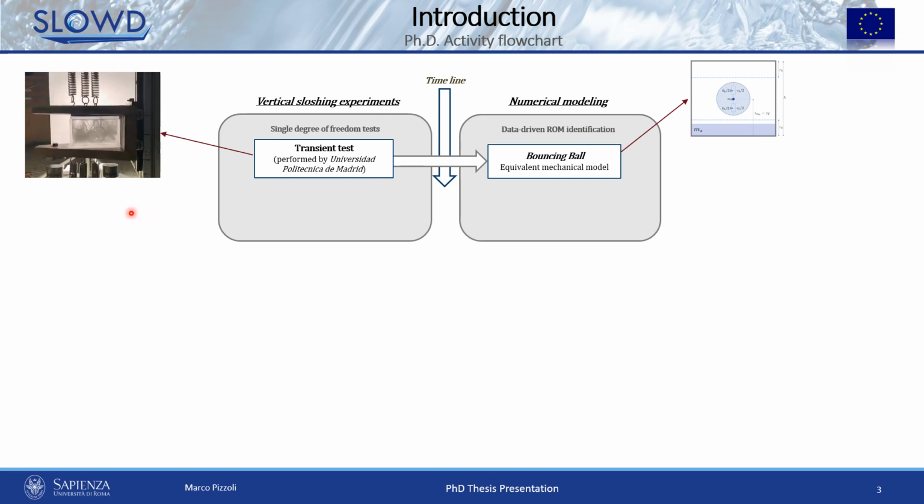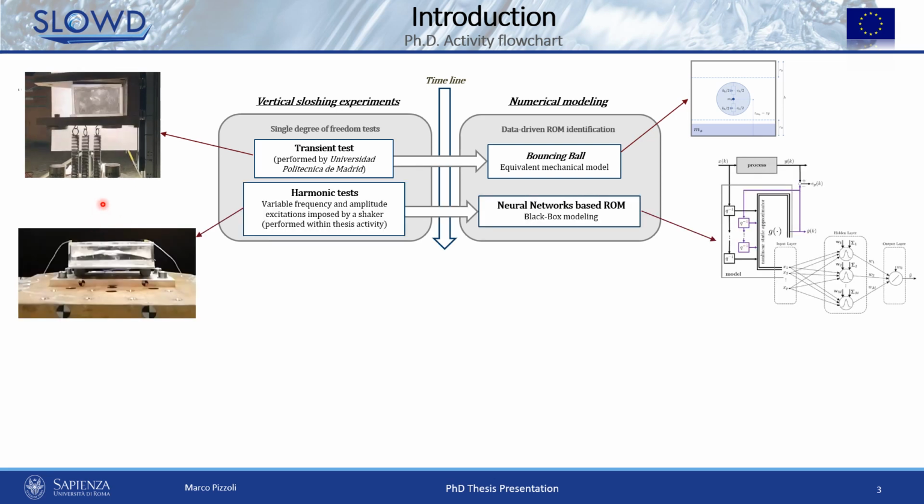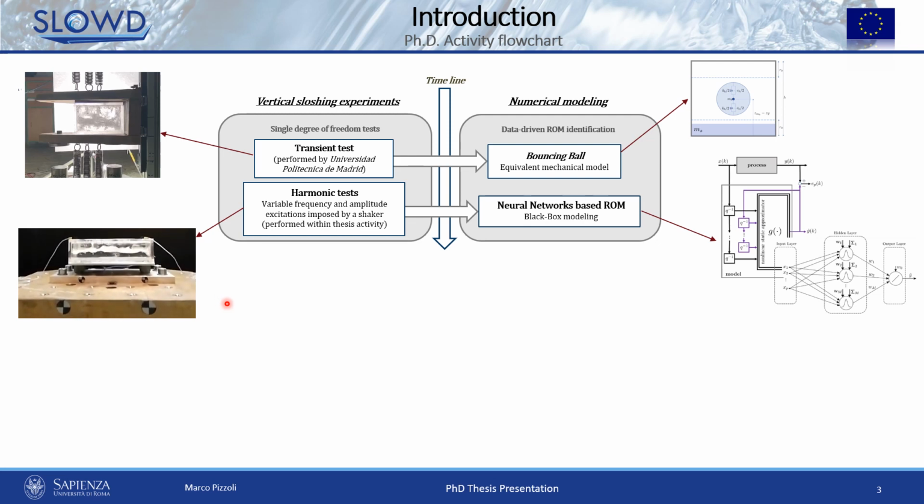Subsequently, an experimental campaign was carried out in our laboratories at Sapienza to characterize the dissipative behavior associated with vertical sloshing by imposing harmonic motion of varying frequency and amplitude using a shaker. The same experiment was then used to generate data for training a new nonlinear reduced order model based on neural networks.